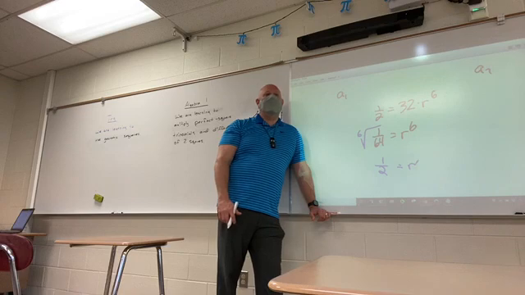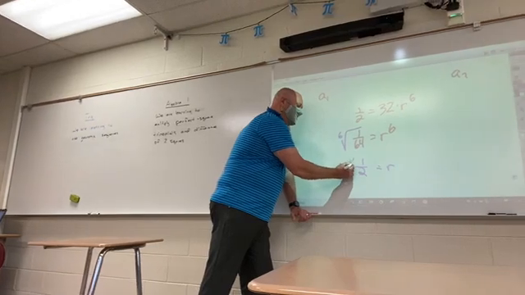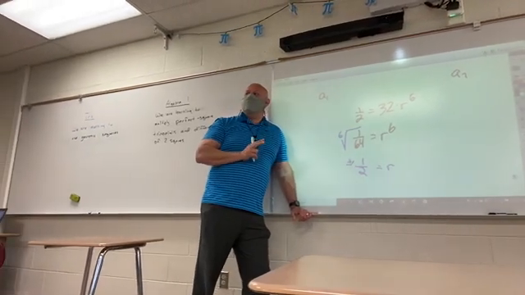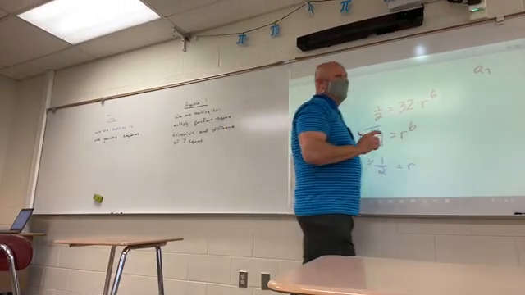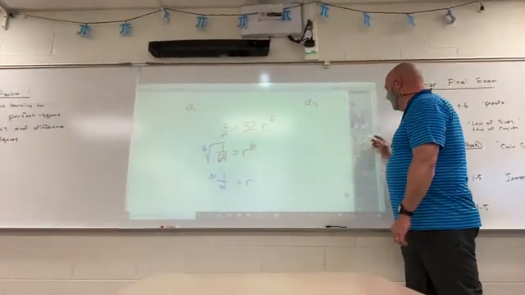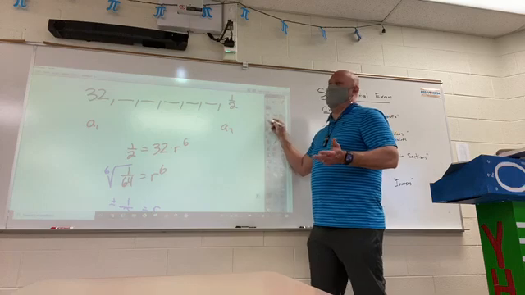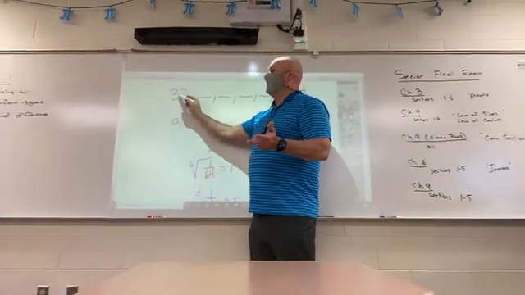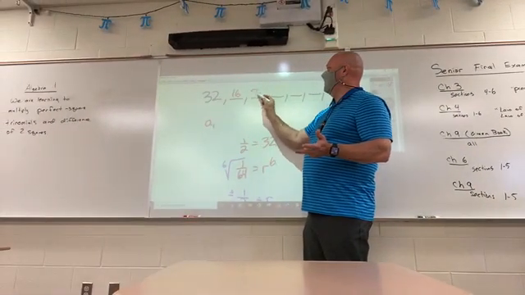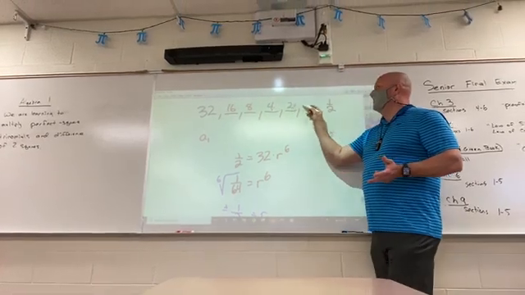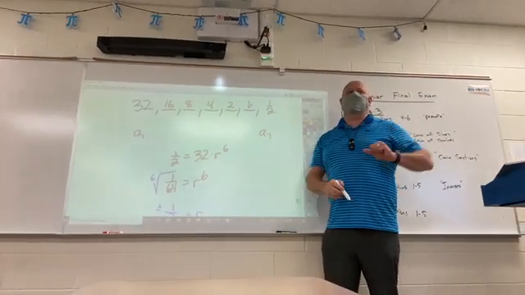Anytime you take an even root, what do you have to remember? Plus and minus. There's actually 2 different patterns that work here. One pattern to get from 32 to a half is, yes, you multiply by a half. You can go 32, 16, 8, 4, 2, 1, a half. That works.